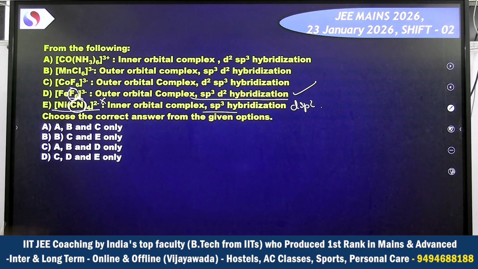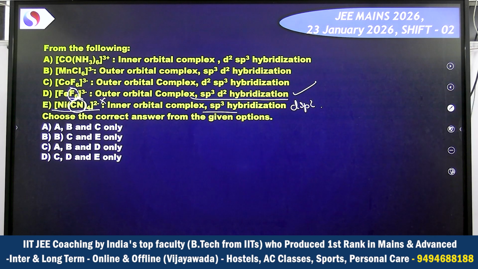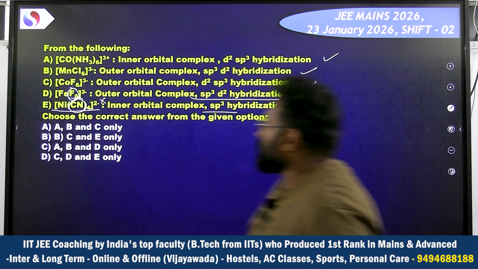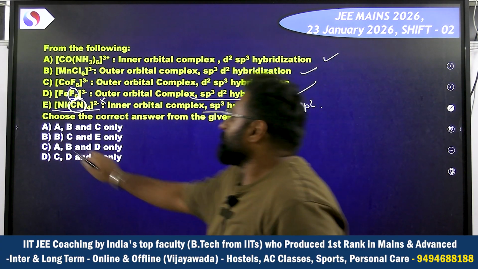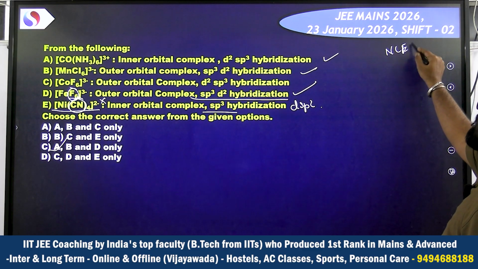Cobalt plus 3 and MnCl3 minus and cobalt inner complex. So A is straightforward correct for this. Then apart from A, B is correct and D is correct. So A, B, D. Option number C is correct. Direct NCERT line.